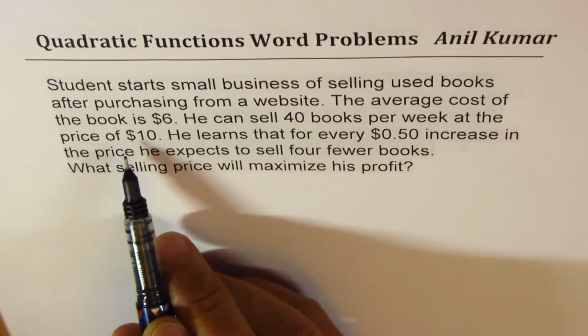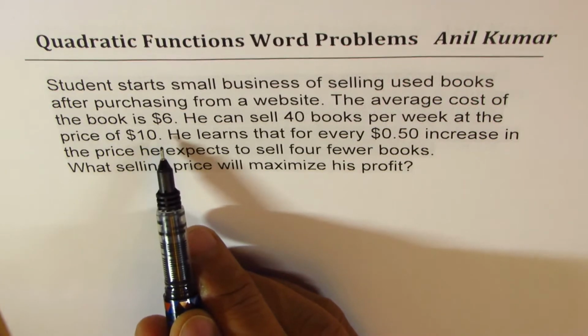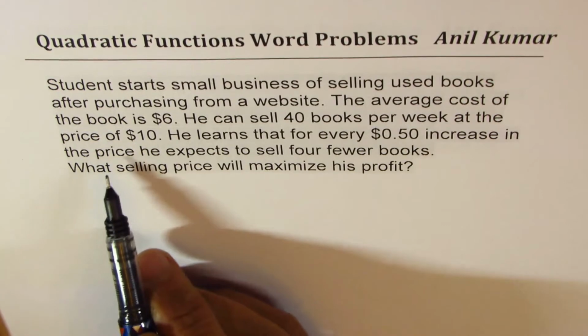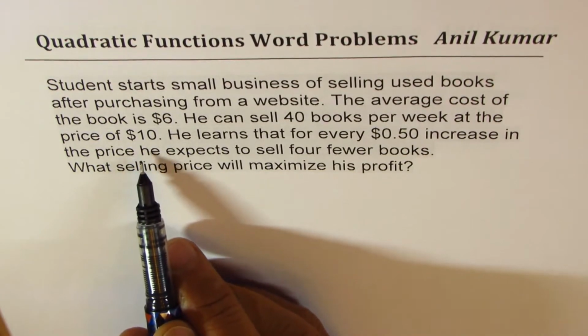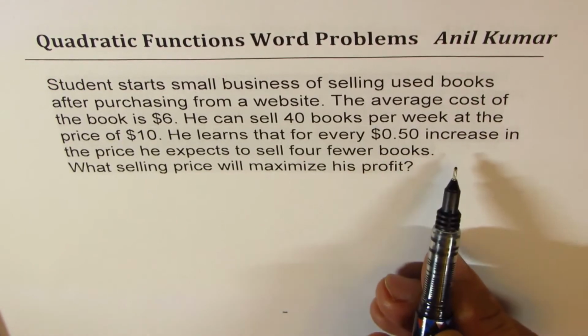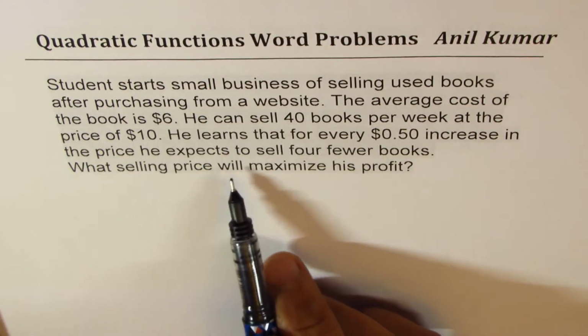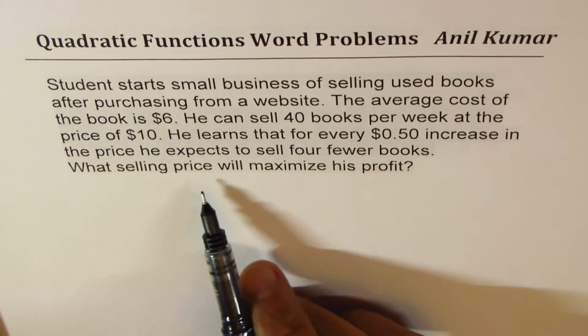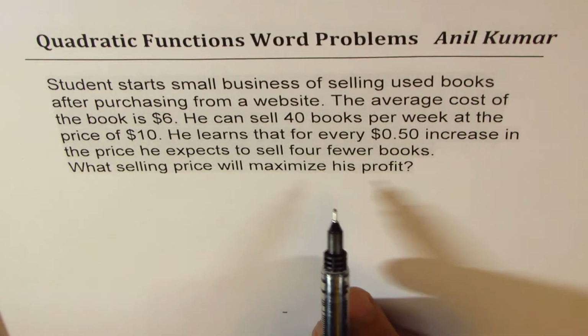The average cost of the book is $6. He can sell 40 books per week at the price of $10. He learns that for every 50 cents increase in the price, he expects to sell 4 fewer books. What selling price will maximize his profit?